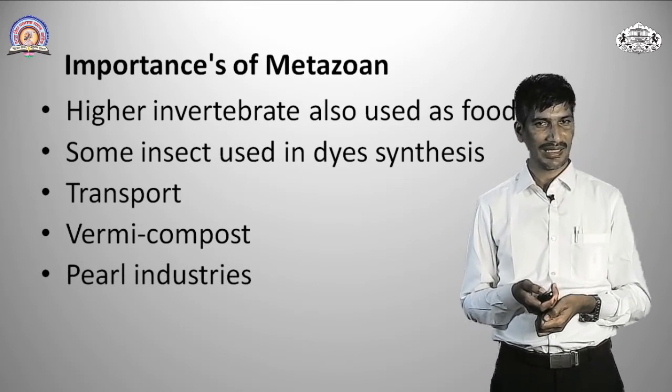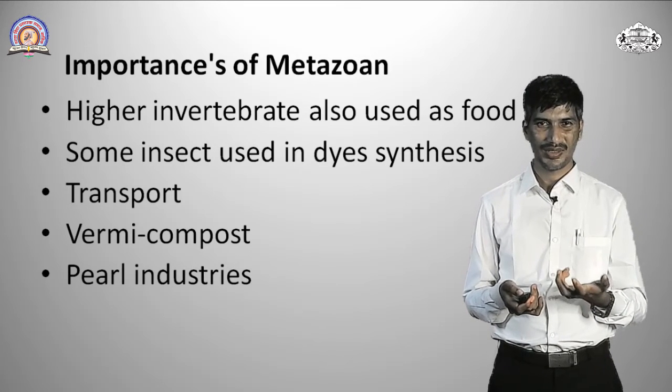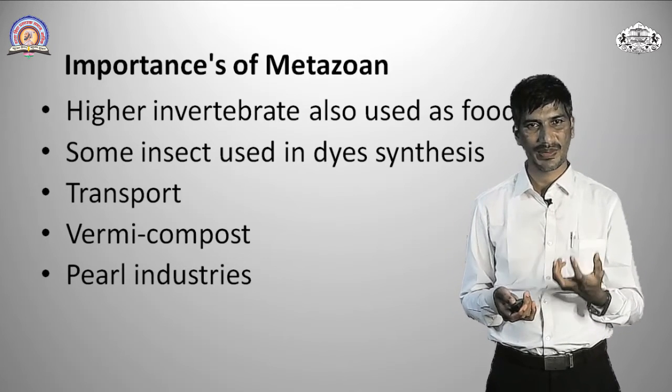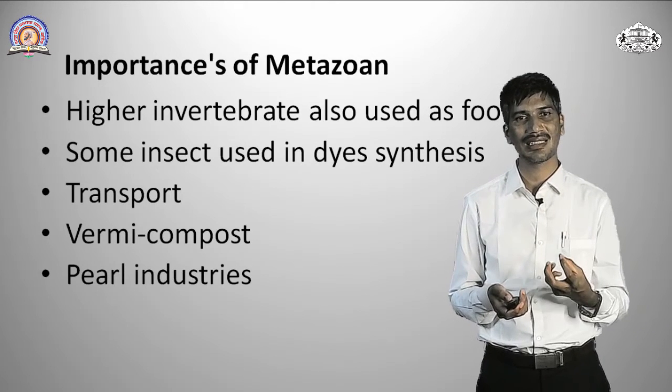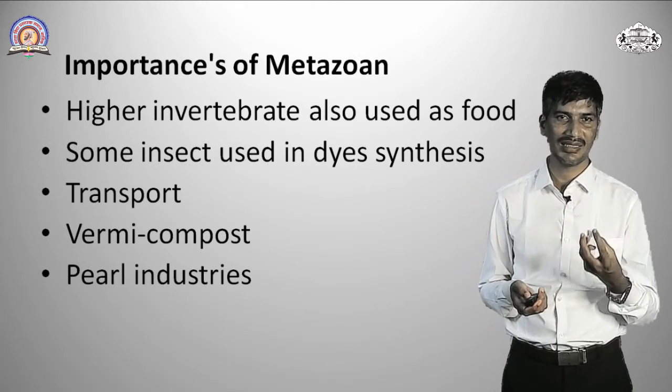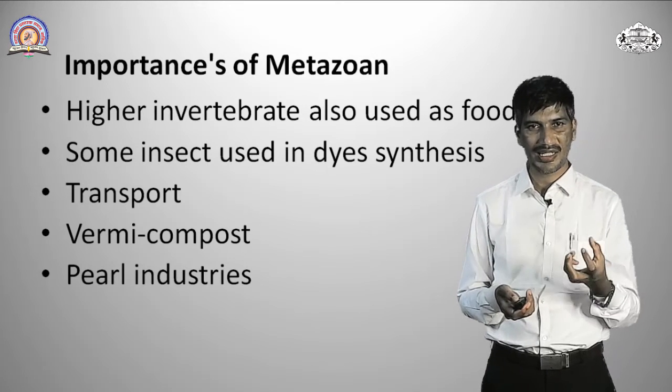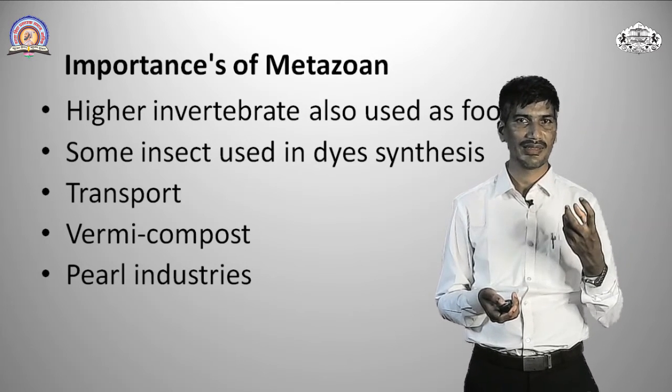Then the pearl industry. You know that pearls are a cosmetic product or cosmetic application, and in the pearl industry, again, this is one group of the oyster in phylum Mollusca.